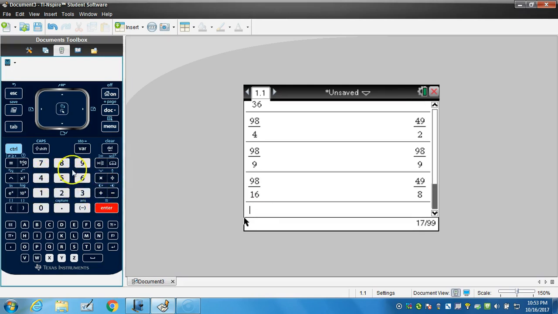Oh. 98 divided by 25. No. 98 divided by 36. Nope. 98 divided by 49. Oh, nice. That one finally worked. 2. And 2 you can't divide by anything else, so we're gold right now.